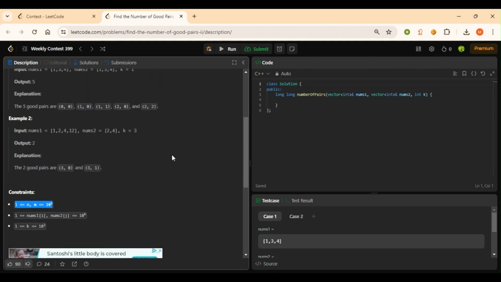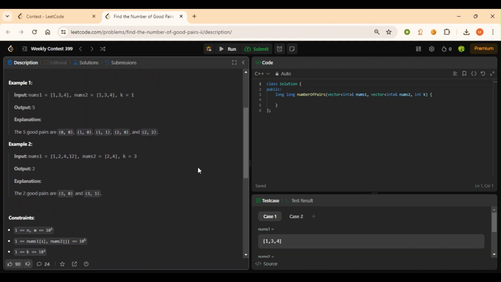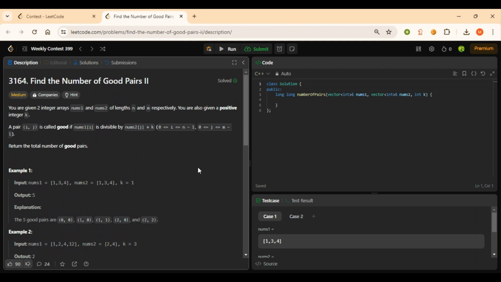Since the n square root n solution was valid, this is how I went for it. What I did was store all the factors of all the numbers present in nums1.